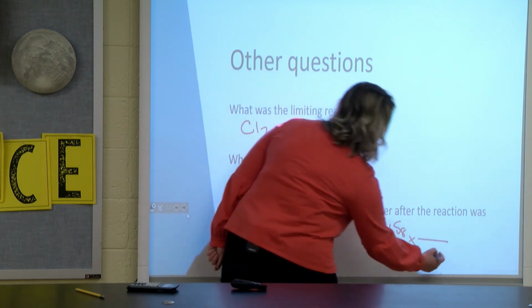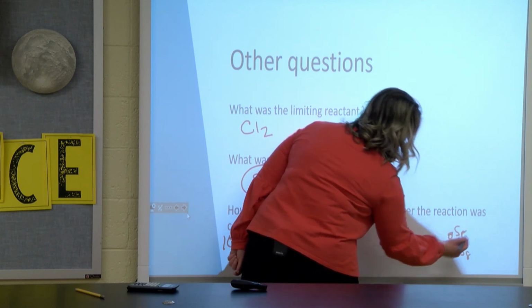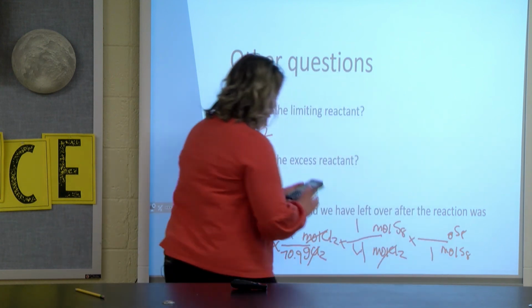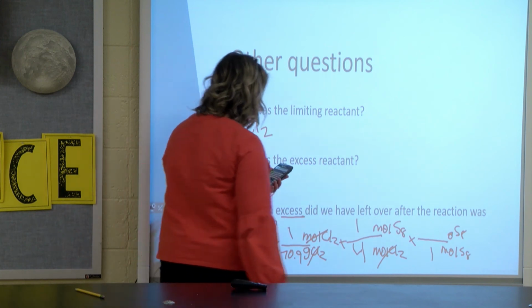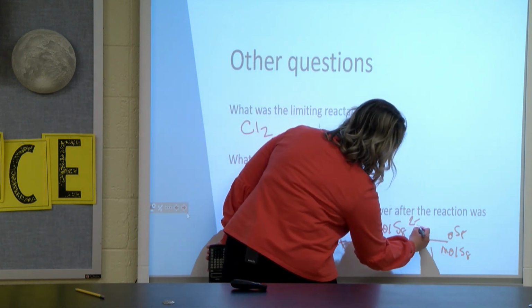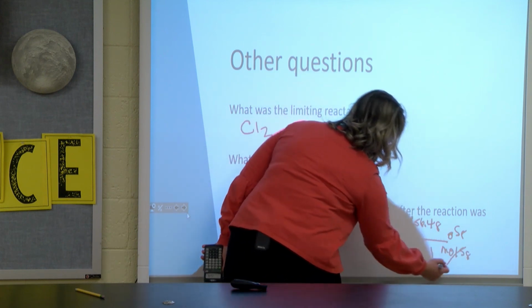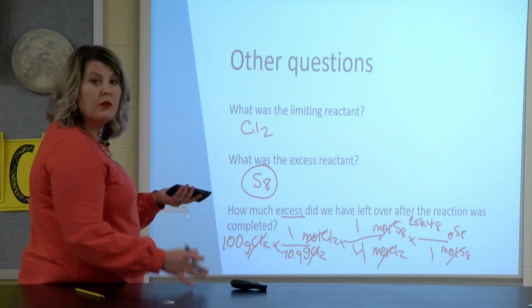So I'm going to draw an X on a line, and I'm going to go from moles of S8 to grams of S8. 1 goes with mole. Grams was 32.06 times 8 of them, which was 256.48. I'm going to cross out moles of S8 and moles of S8, and I have grams of S8, which is what I want.